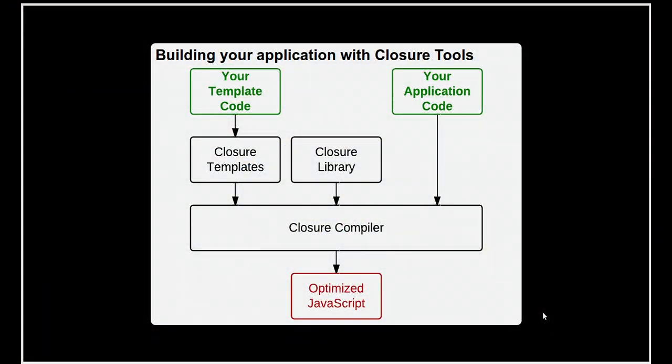And then as a result, we get some optimized JavaScript. We get something that the Closure Compiler has produced, knowing all possible code paths, so to speak, of your JavaScript application. And so this is what enables it to produce something that's really small, really compact, and really fast.